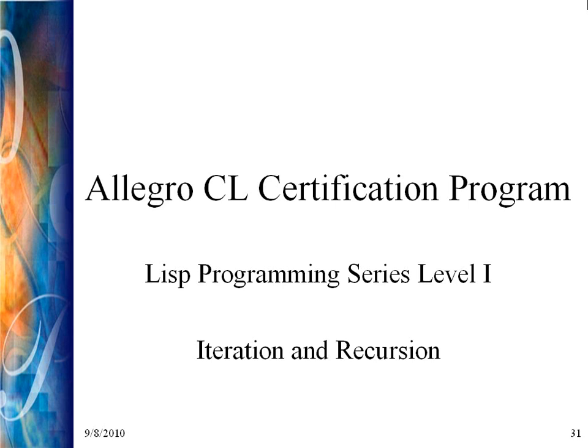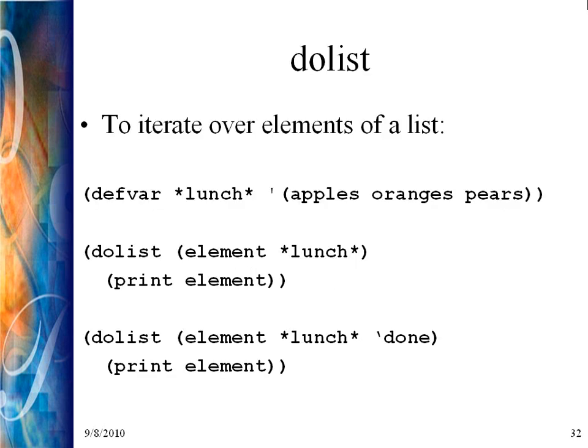You specify the number of times, and you specify what you're iterating over. This being Lisp, the list is one of the basic data structures, and there is the macro dolist, which iterates over elements of a list.